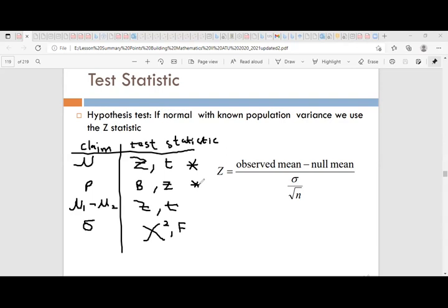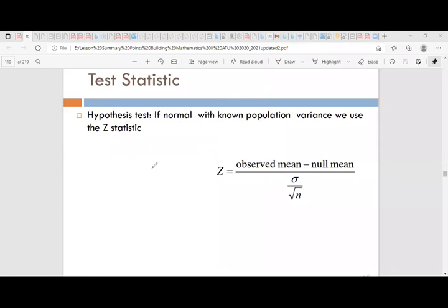So the next thing we are coming to look at is the test on a single population mean, which is for this claim. Like we said, in testing for a single population mean, we use the Z statistic.